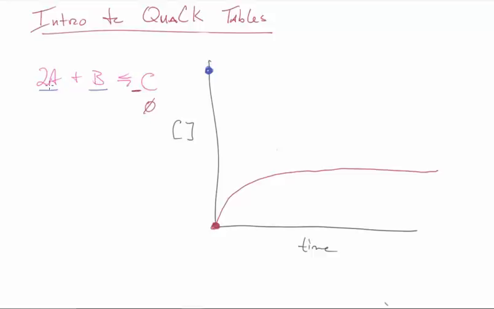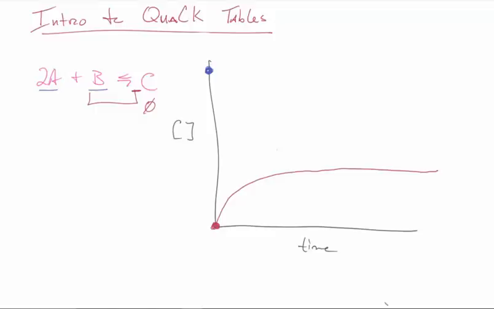Is B or A going to change at the exact same rate as C? Well, B also has a coefficient of 1. So the change for those two is stoichiometrically equivalent, and the rate of change will be exactly the same, even though it is opposite, because my B is going to disappear at the same rate that C will appear.